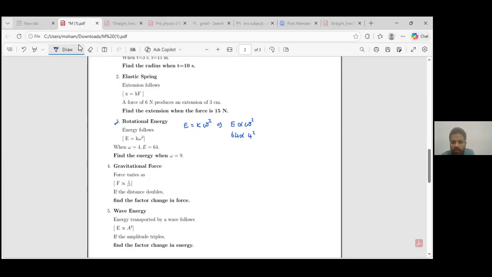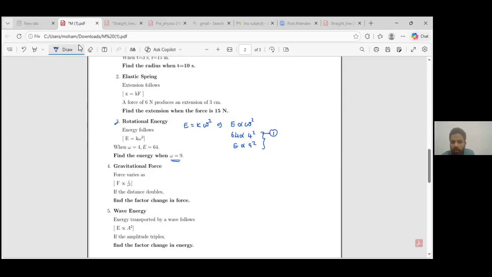And energy is proportional to 9 squared, because we have to find the energy when omega is 9. So we'll take the relationship: 64 is proportional to 4 squared, E is proportional to 9 squared.